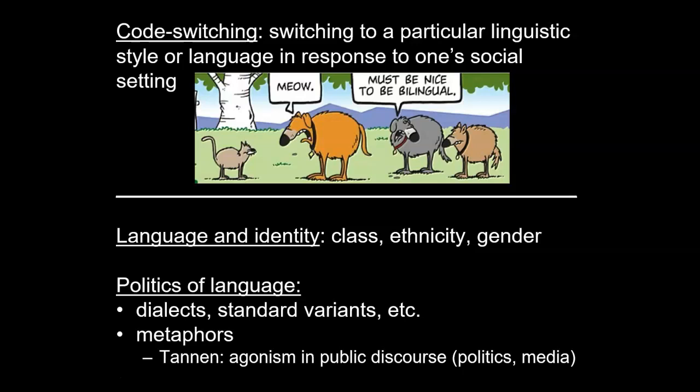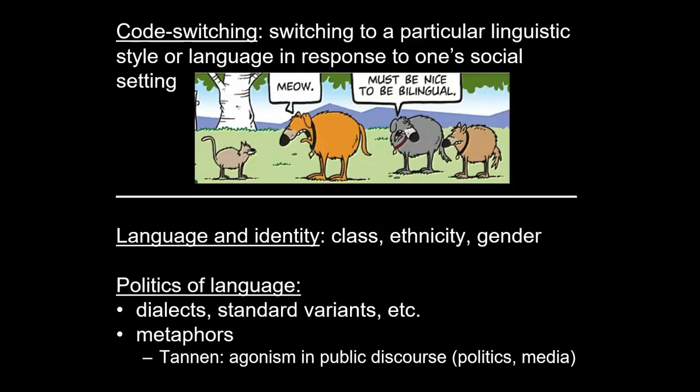This is code switching. And I think it's interesting both because it shows people's ability to adjust their communication to their setting, and also because it shows how malleable people are. If you've ever switched from one language to another or one form of language to another, you'll notice that you often don't have to think about it. It's almost automatic.